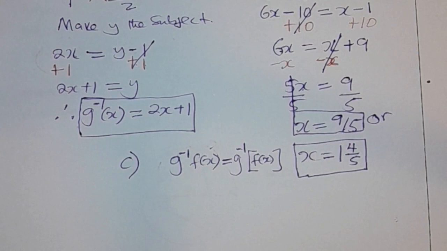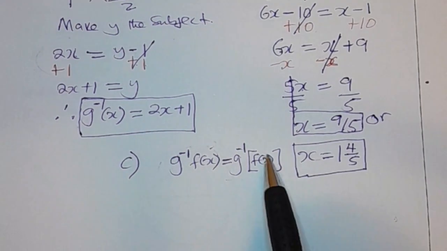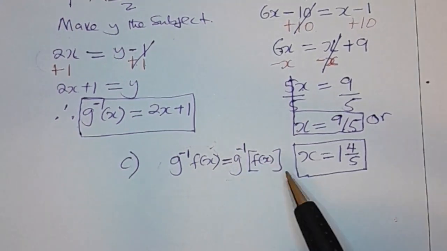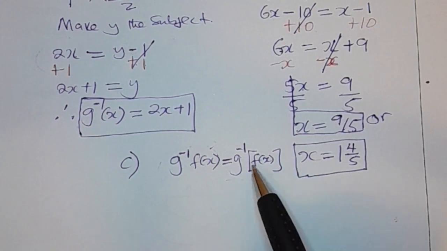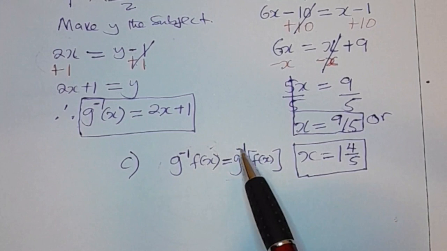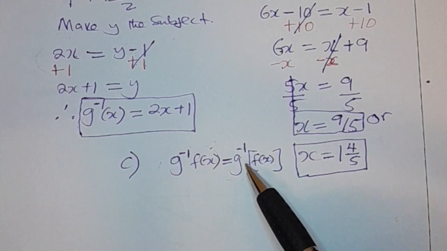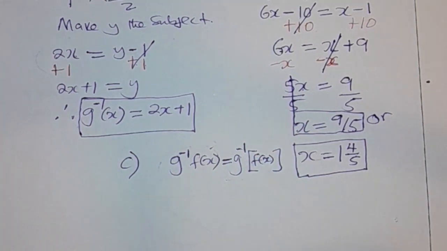Okay, so now what does this mean? This means that this function here, f of x, the one that is on the far right, is going to be inside the function that is on the far left. In other words, this function is going to be inside this function g, the inverse of g of x.